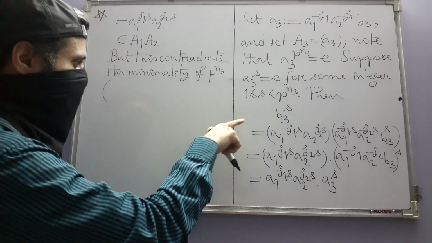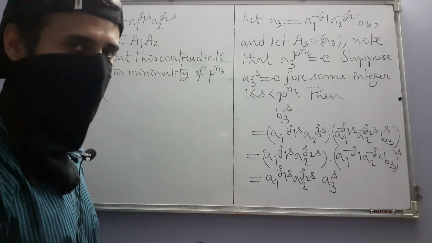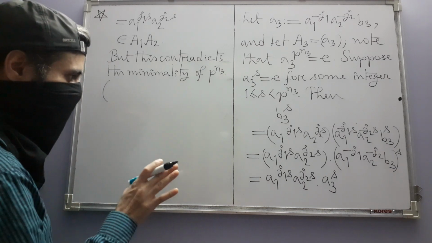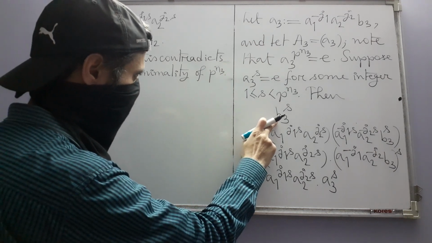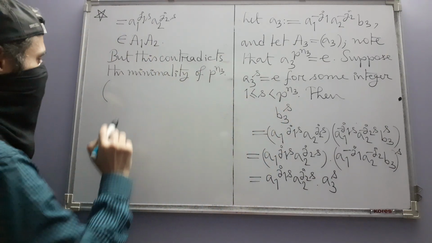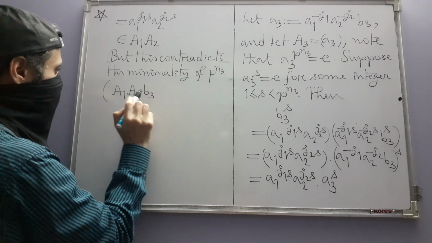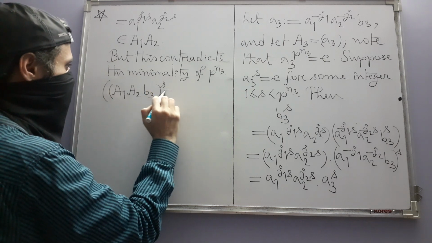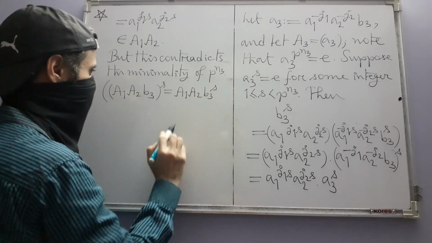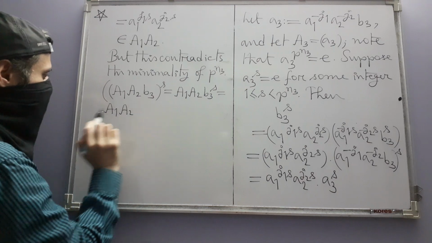Well, the calculation does not directly contradict anything, but the calculation immediately gives us something which is contradictory. What have we shown here? We have shown ultimately that this power of b3 belongs to ⟨a1, a2⟩. What does that mean? It means that ⟨a1, a2⟩ b3 to the power s is equal to ⟨a1, a2⟩.